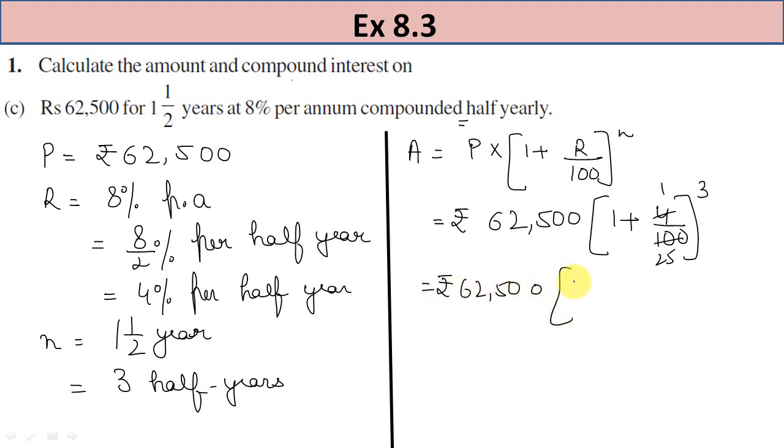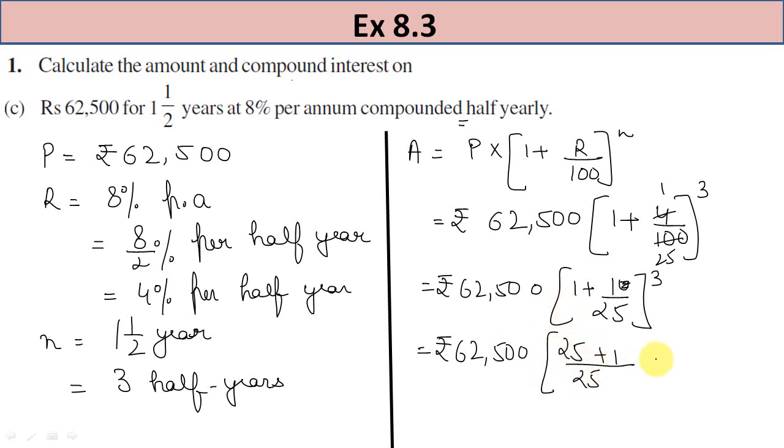It is 1 plus 1 upon 25 raised to the power 3. Now if I take the LCM inside the bracket, it will be 25. Here we will write 25 plus 1 whole raised to the power 3. This will become rupees 62,500 into 26 by 25 raised to the power 3.